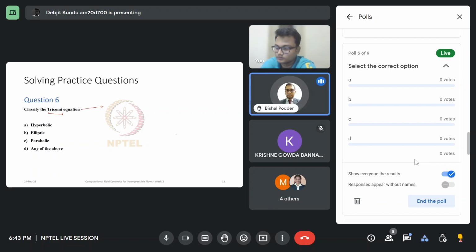Is it like the wave equation? Is it similar to the wave? No, it's del square u by del x square minus x del square u by del y square equal to 0. This is what you're saying, right? Yes. So this is indeed one way of writing the trichotomy equation.